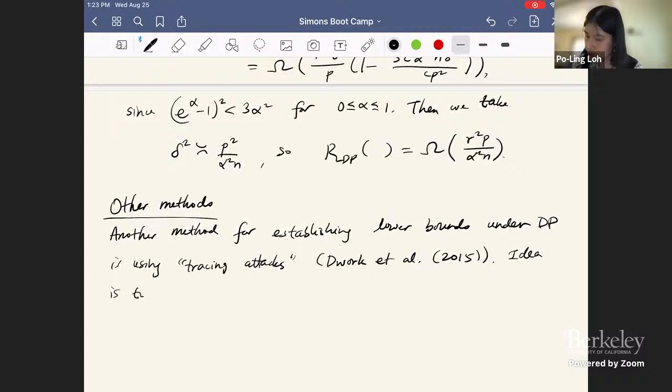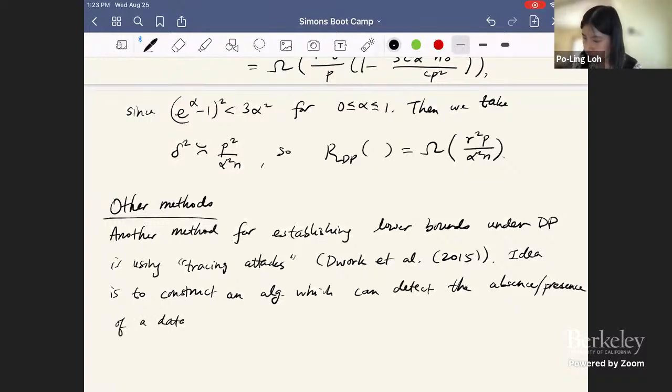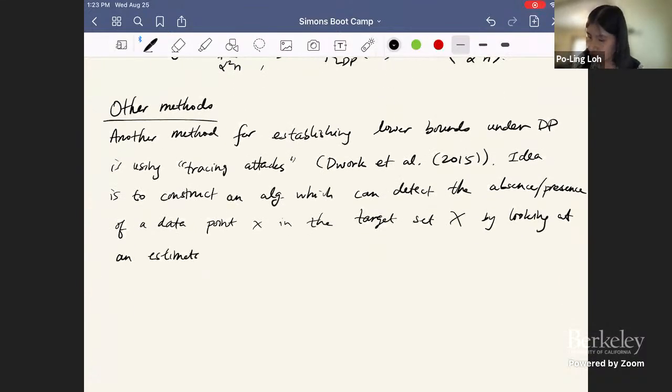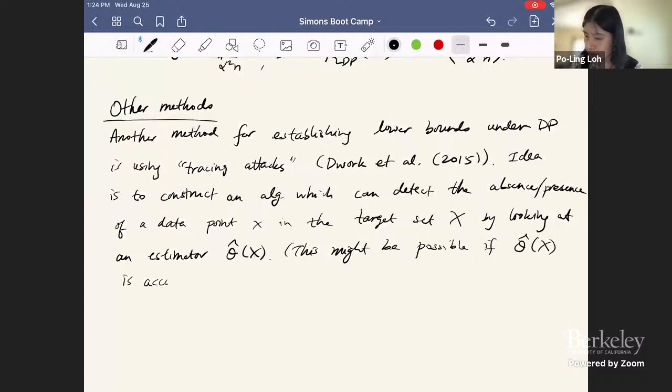And the idea is to construct an algorithm which can detect the absence or presence of a data point x in the target set X by looking at an estimator, theta hat of X. And this might be possible if theta hat of X is accurate enough, providing a lower bound on the accuracy of private estimators.